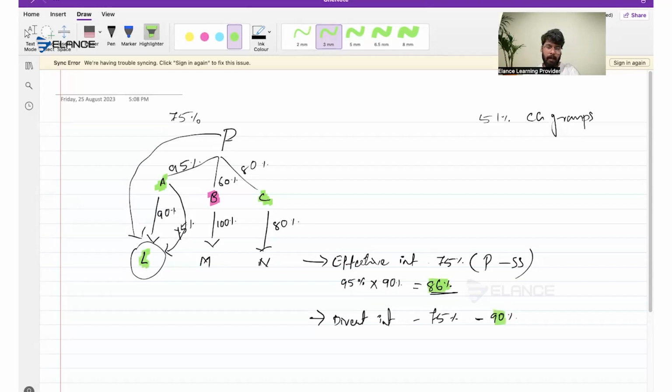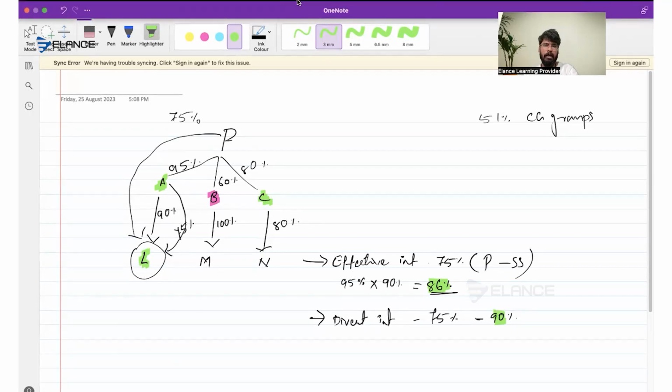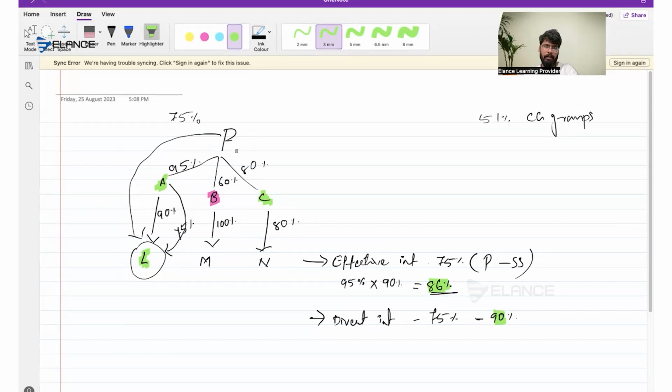And N company cannot join the group, because effective interest is 64%, 80% into 80%, which is below 75%. So N company cannot join the 75% group.